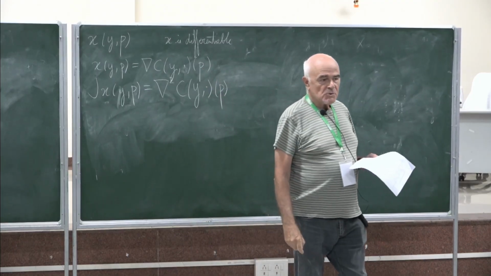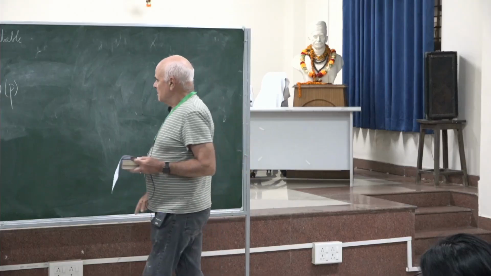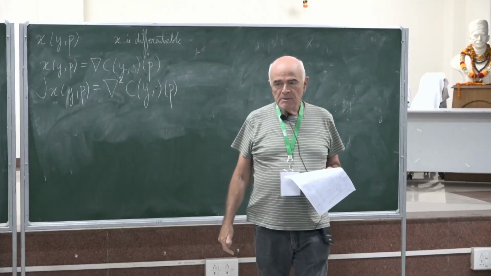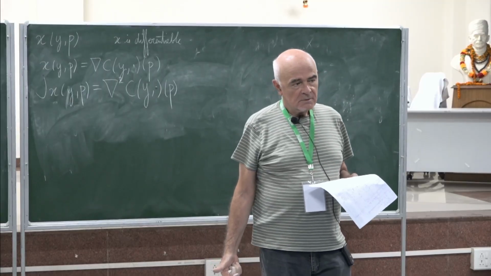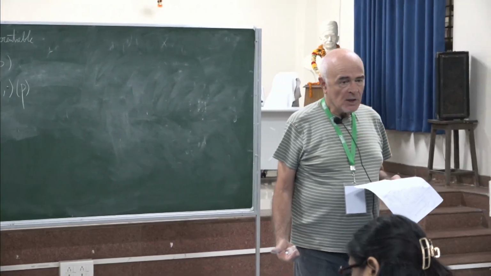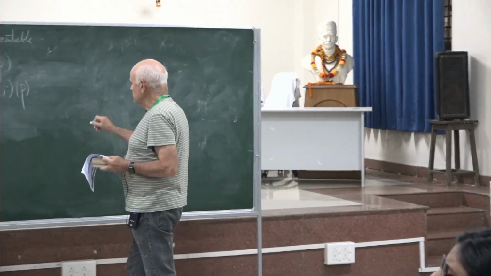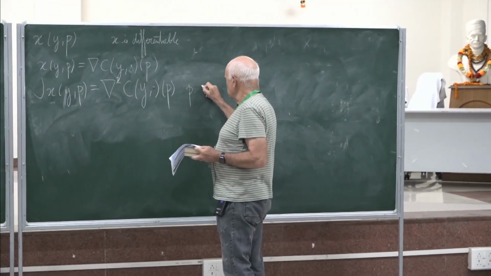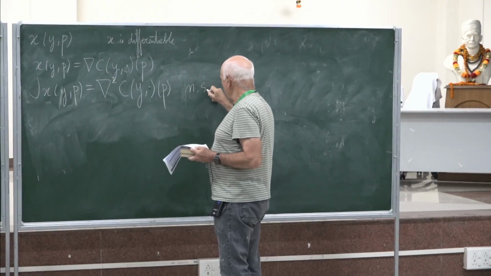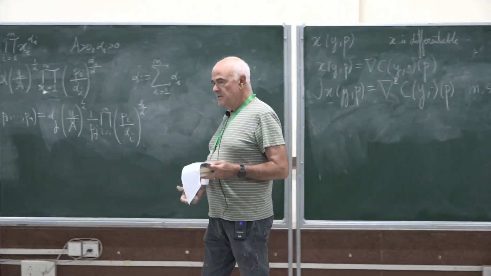And this is very interesting, because the cost function, as a function of prices, is superlinear. It is concave. Then the Hessian matrix of a concave function is negative semi-definite.